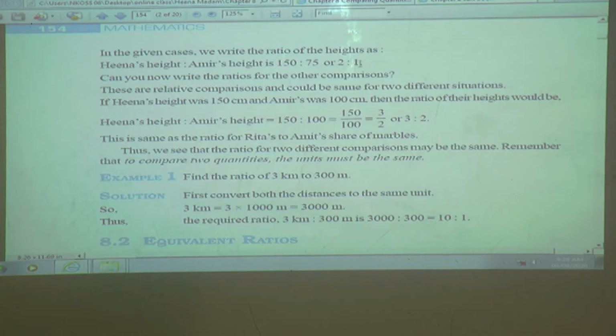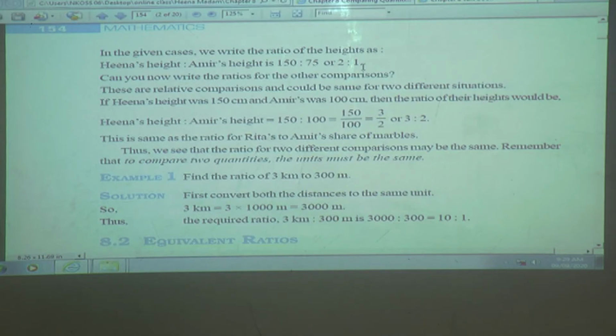What we had done here, we just reduced it, so we got 2:1. Hina's height is given here as 150 centimeter and Amir's height is given as 75 centimeters.